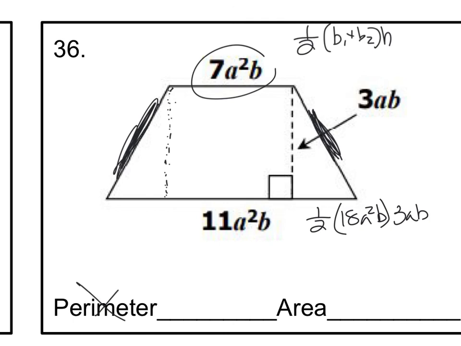So this is going to be 1/2. 18 times 3 is, what? 3 times 8 is 24, 54. And a squared times a to the first, add your exponents, a cubed. B times b is b squared. Add your ones. And then half of that, you just take half of 54, and that's going to give you 27a cubed b squared.